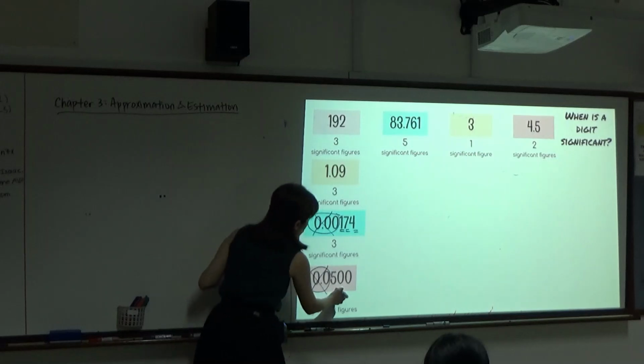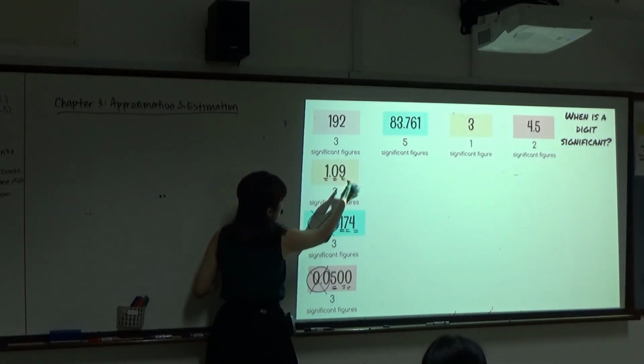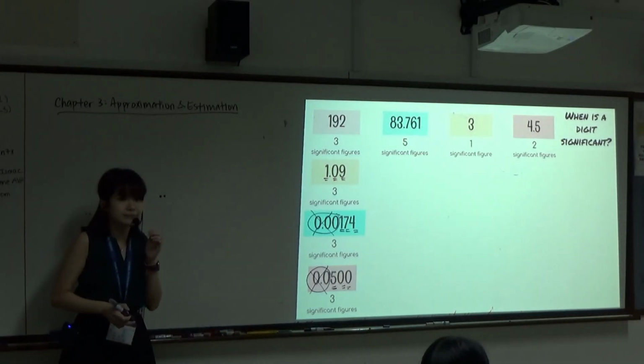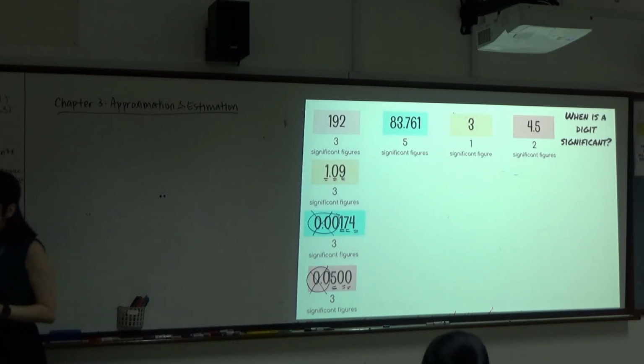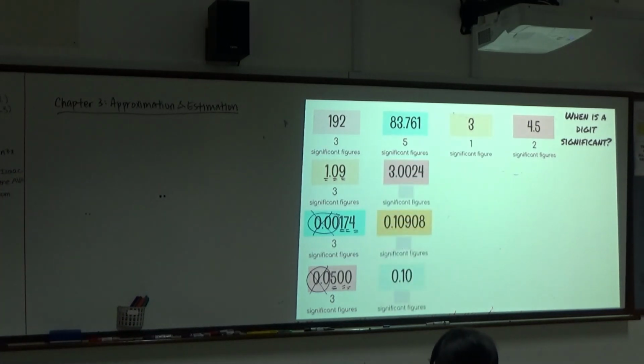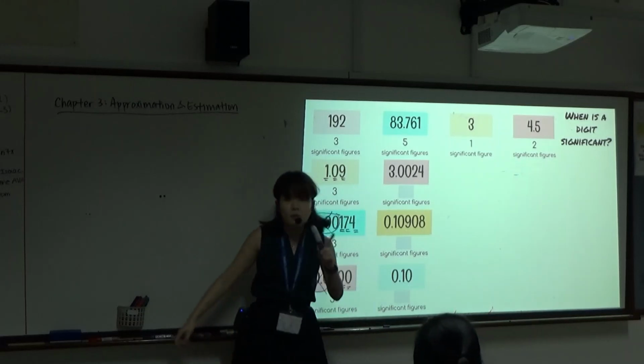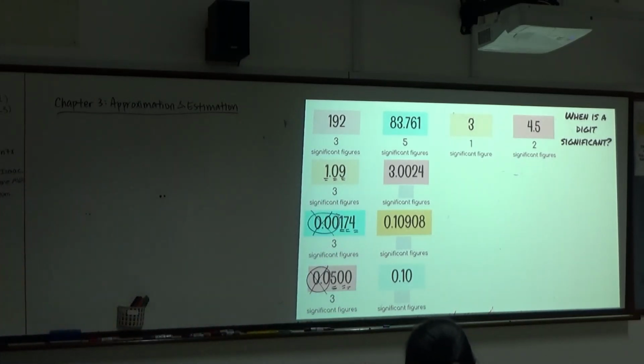So I want us to be clear about how we go about counting our number of significant figures. If you have no questions, I want you to give this set of numbers a try. I give you 1 minute to think about it. Write your answer in the worksheet.